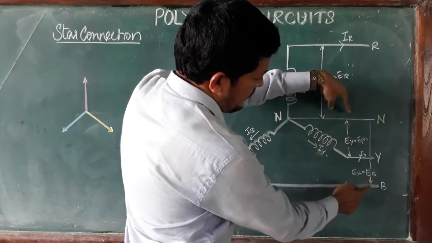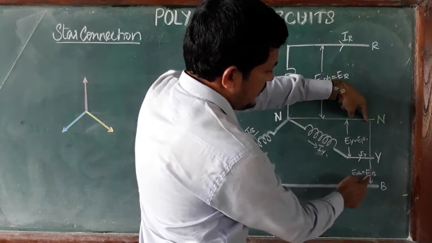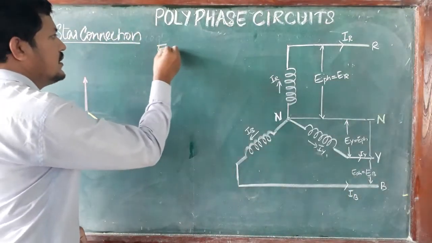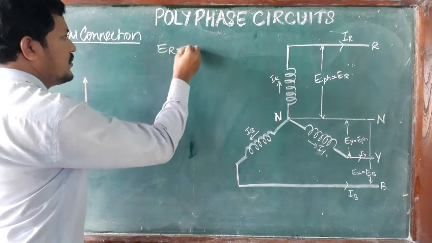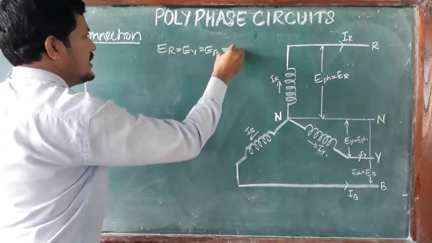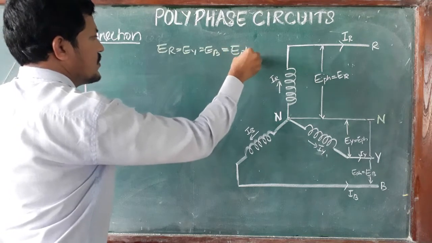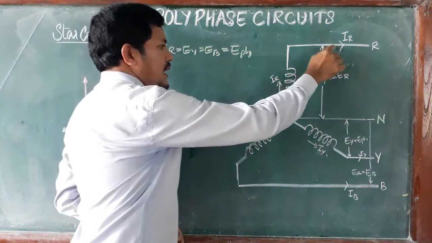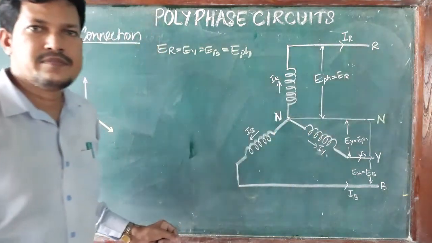Again, B phase and the neutral gives EB, or E phase. Under balanced condition, ER equals EY equals EB, or simply we can say E phase.